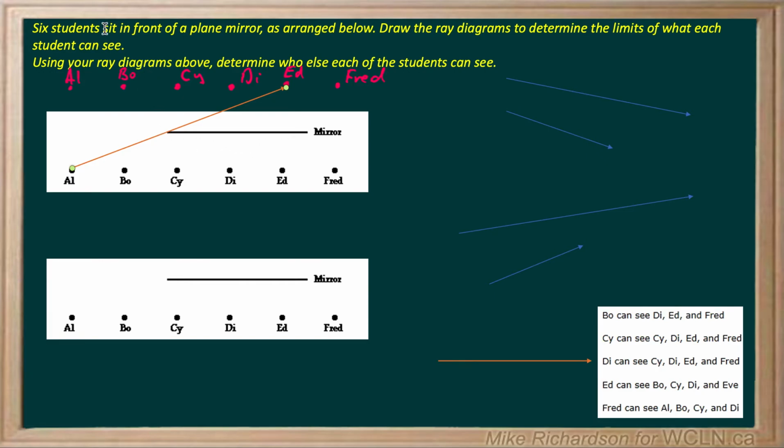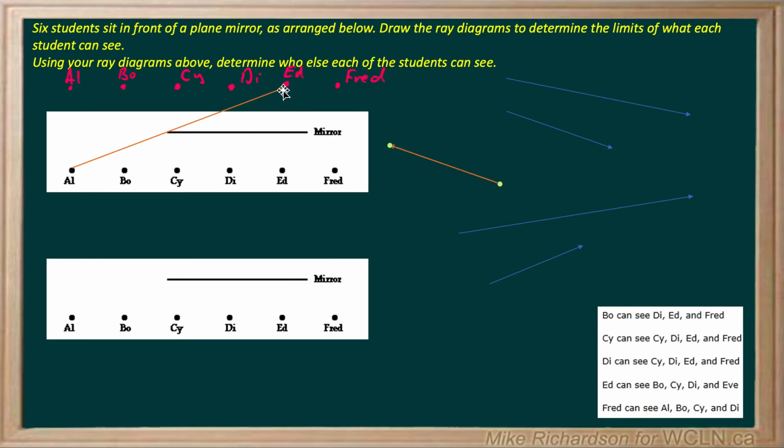So it is possible that when he's looking at Ed, Ed's light, remember, travels from Ed, bounces off the mirror, and the angle of incidence has to equal the angle of reflection, like that, so that those two angles are the same. And then this reflected ray appears to line up with that image. So it looks like Al can see Ed. Now I'm going to move this little vector over.